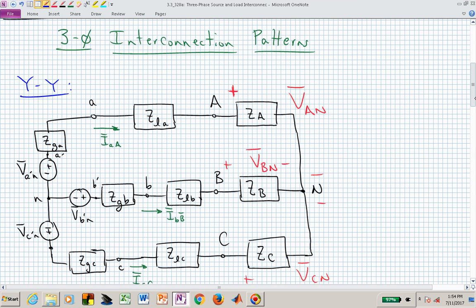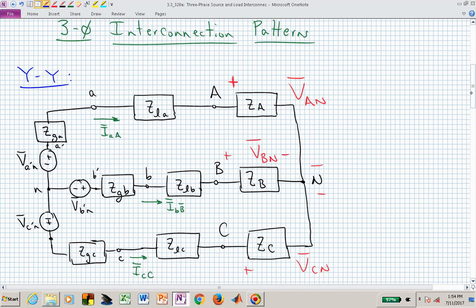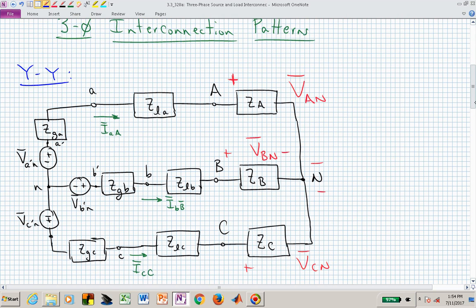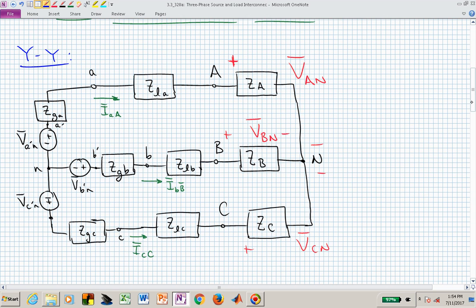Let's go ahead and get started with the first interconnection pattern, and this particular pattern is one that we probably feel is our bread and butter. We probably feel most comfortable with it, but you can see now that the source is connected in a Y, and we've included the source generator impedances with the subscript lowercase g, a, g, b, g, c for the ABC phase impedances.